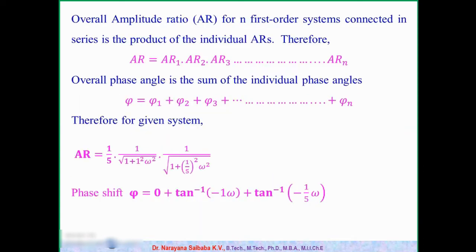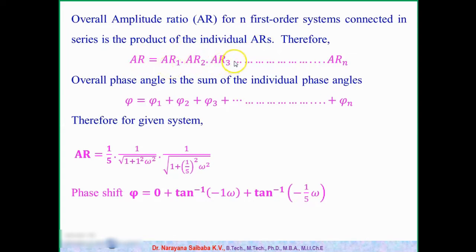Once we get AR and phi values for individual systems, then we have to calculate the overall AR and overall phi. The overall AR for n first order systems connected in series is equal to the product of the individual ARs. Therefore, AR overall will become AR1 into AR2 into AR3.